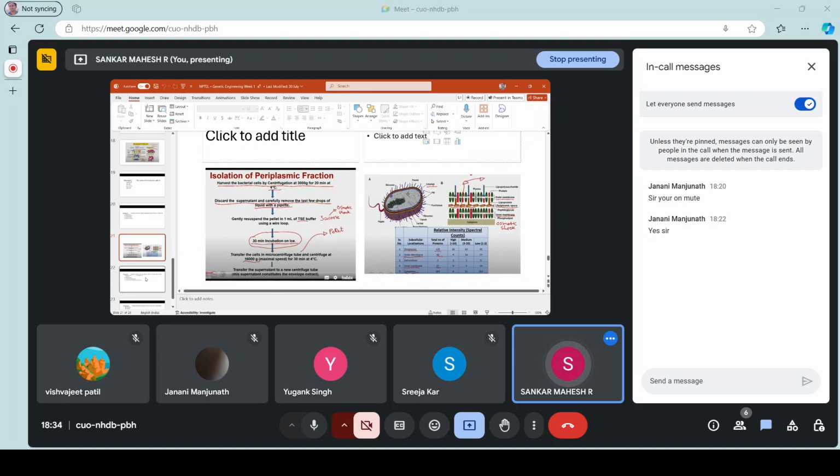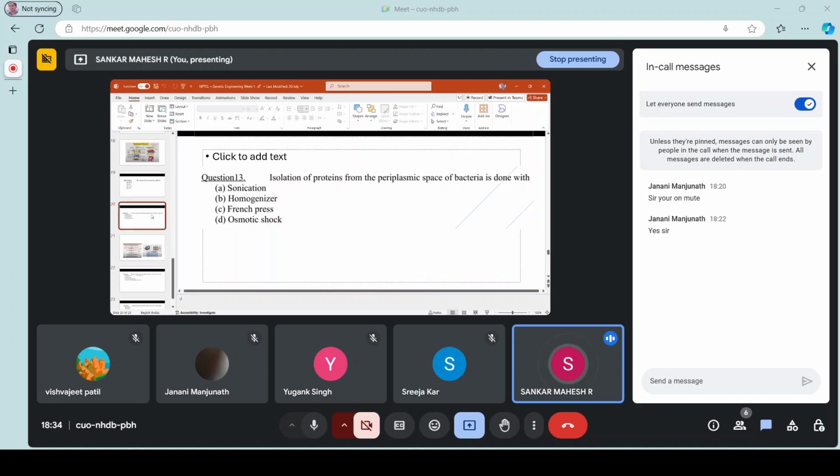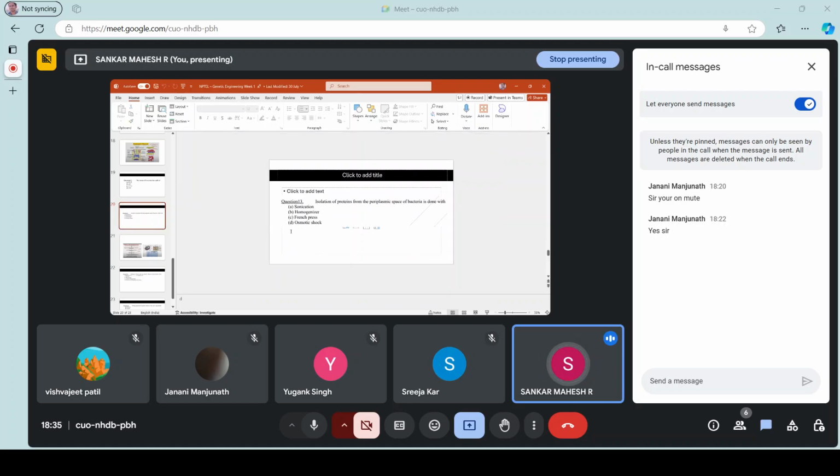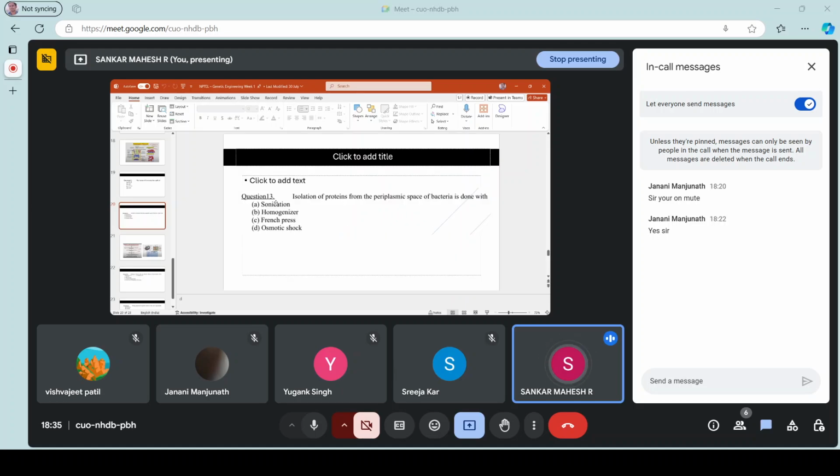This is one method of lysis. The other methods of lysis include sonication, homogenizer, and French press. We would be discussing a few of these in the subsequent week's questions when we discuss that.